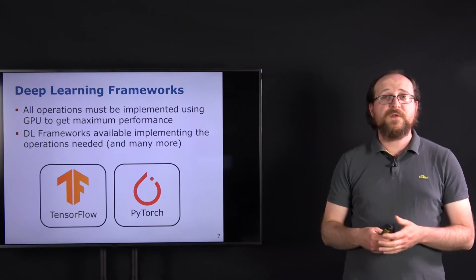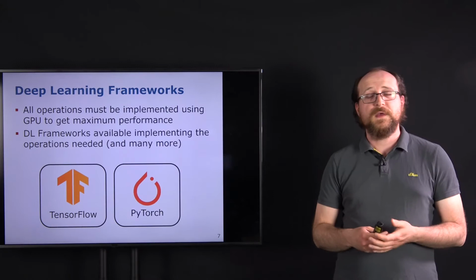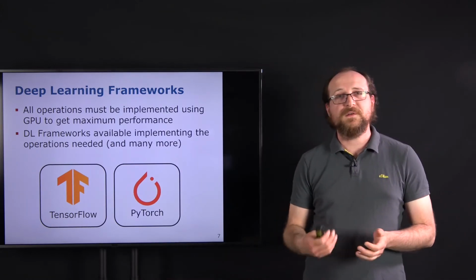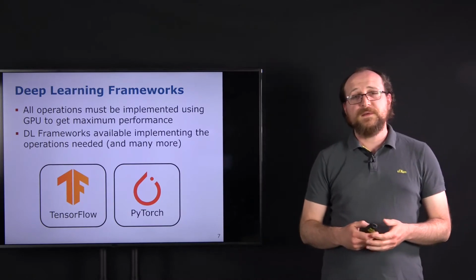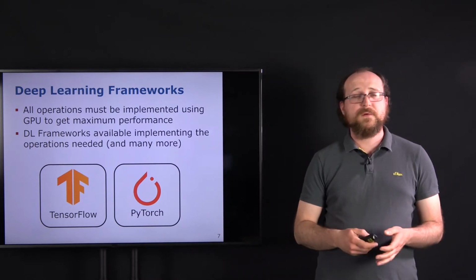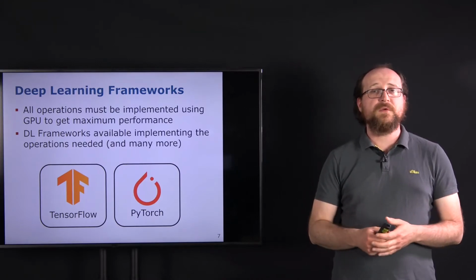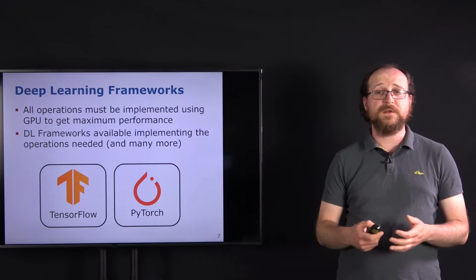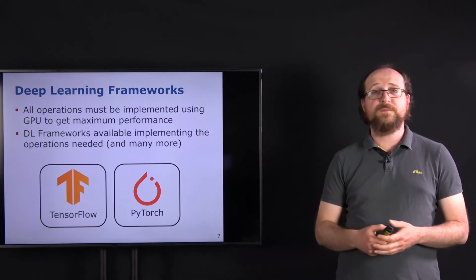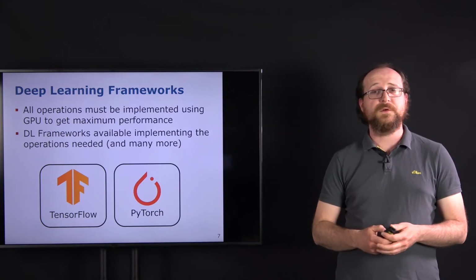To get the maximum performance out of it is really a hard engineering task, and therefore it's much appreciated that these frameworks are available. And the deep learning frameworks like TensorFlow and PyTorch implement these basic building blocks that you can then use to train your networks on a GPU in a highly parallel fashion, even on multiple GPUs or multiple computers, distributed computing and so on.